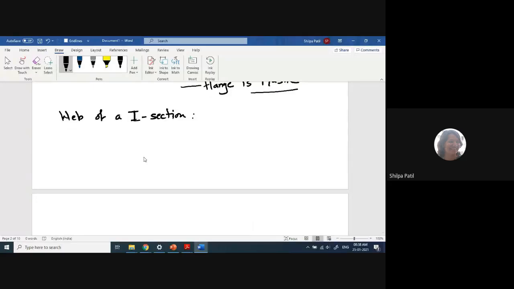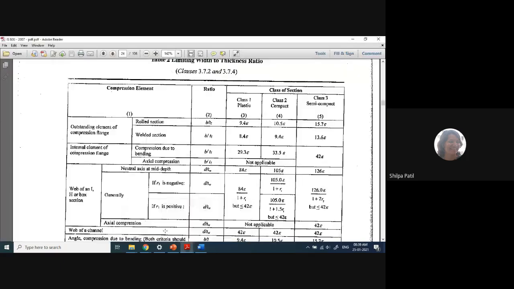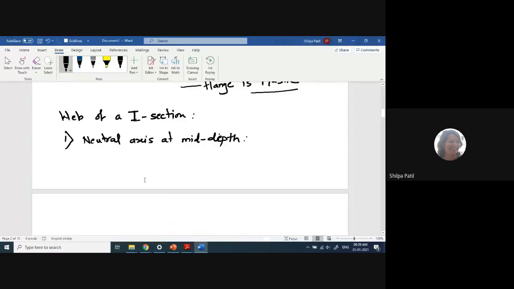First one, neutral axis at mid depth. For that, what is the ratio? D by TW. So I will write down here D by TW.